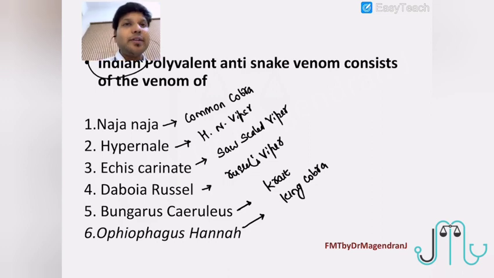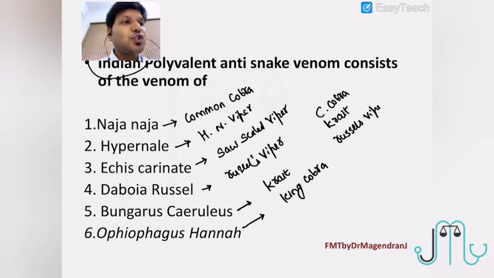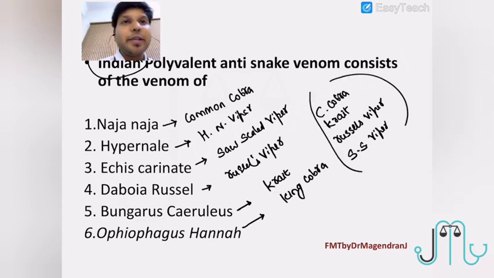Indian polyvalent anti-snake venom is normally effective in 4 snakes: your common cobra, krait, Russell's viper, and saw-scaled viper. These are the 4 snakes against which the Indian anti-snake venom will be effective.